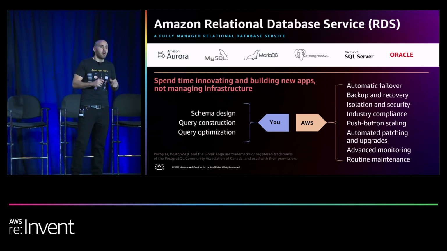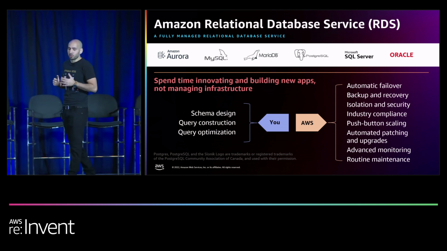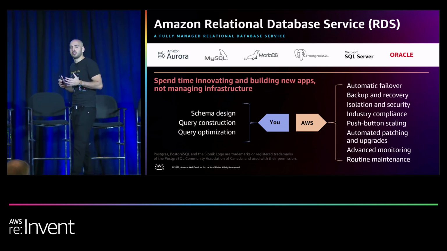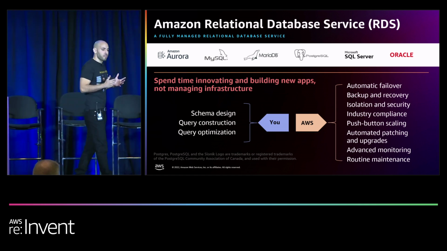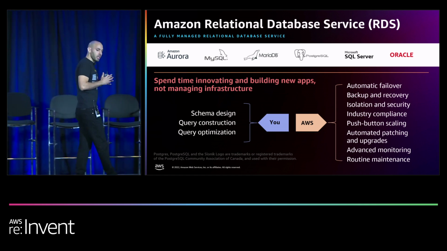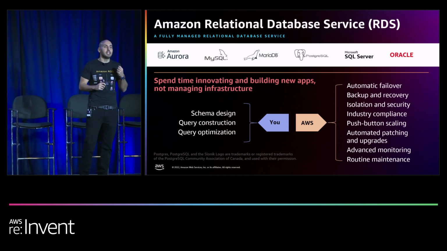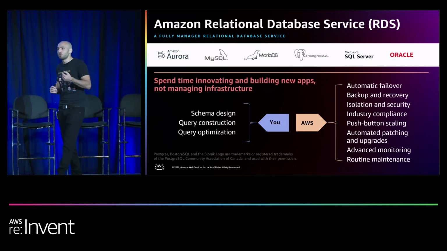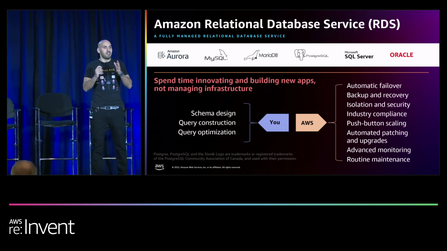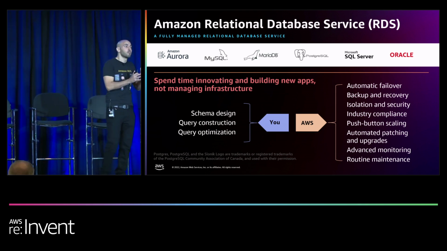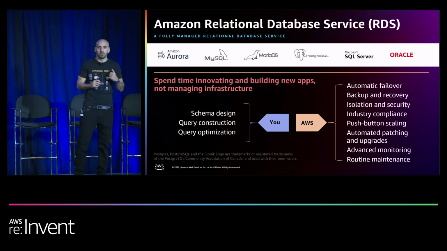Amazon RDS supports various popular engines. As you can see in this slide, we support Oracle, SQL Server, MySQL, MariaDB, Postgres, and Amazon Aurora. Now, Amazon Aurora is unique because Amazon Aurora is a cloud-native database engine which was designed to provide the enterprise-grade security, availability, and reliability of commercial-grade databases, but at a much lower total cost of ownership.